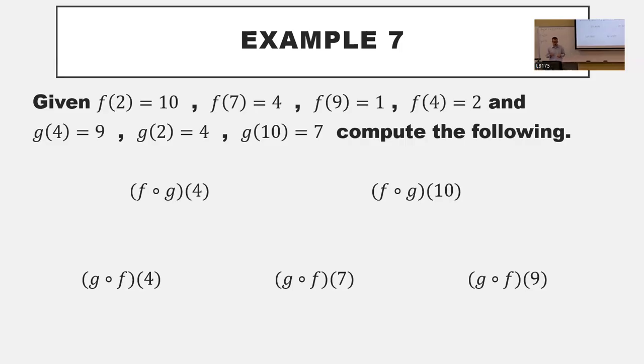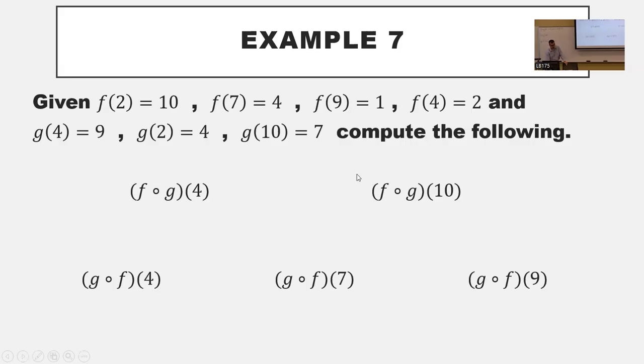Let's do the reverse. Let's do g of f of 4. I'll do the one on the lower left here, g of f of 4. What we would do is we'd start out by saying, where does f send the number 4? f sends the number 4 to 2.